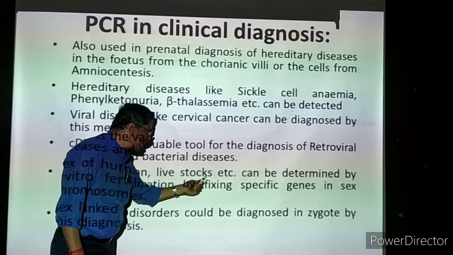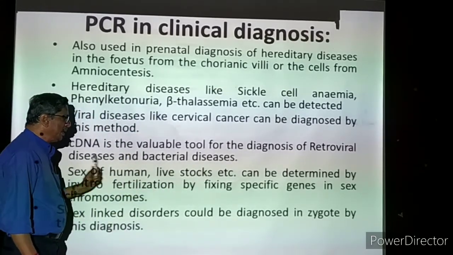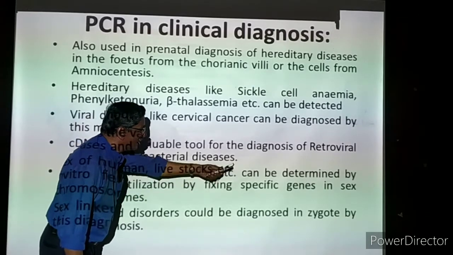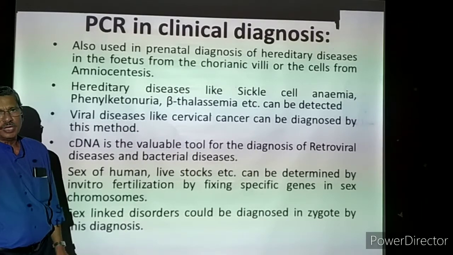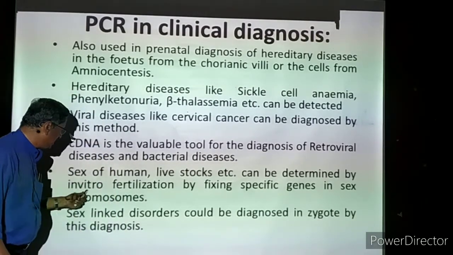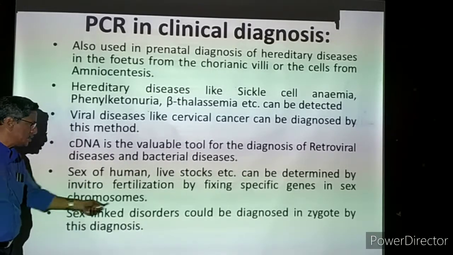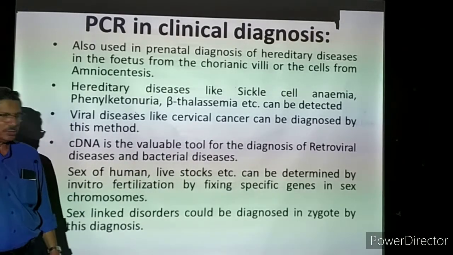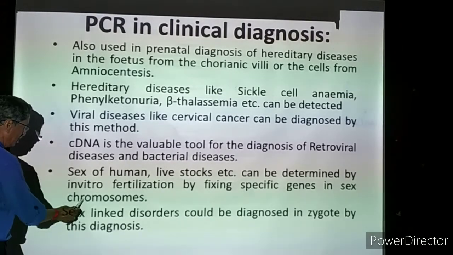So everything together we can call livestock. So the sex of human and the sex of livestock, etc. can be determined by in vitro fertilization. In vitro fertilization means the fertilization process takes place in the laboratory by fixing specific genes in the sex chromosome. Even the sex chromosome we can alter, and the genes present in the sex chromosome can be altered.